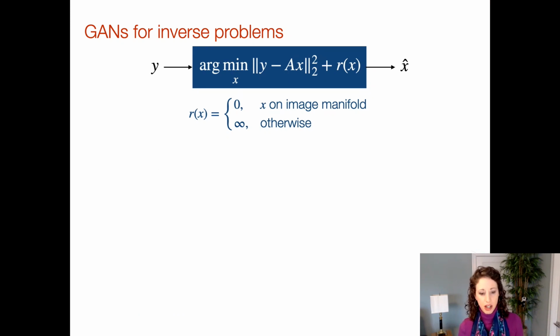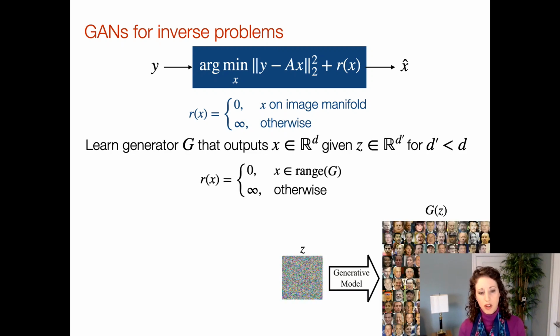Okay, so we started here by saying that we wanted to have a regularizer that reflected information about the manifold. So we might try to use our training data to learn a generator. This is often represented using a neural network, but we can still think about it as a function that outputs an image that is on this image manifold given some lower dimensional input.